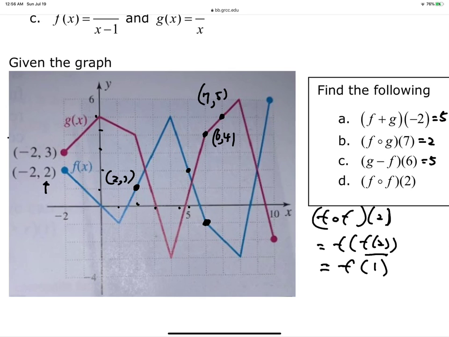So the f of 2 inside the parentheses becomes 1. Now let's focus on f of 1. f of 1 is -1. So the answer is -1. Yeah, use the graph to help you figure out the operations on functions.